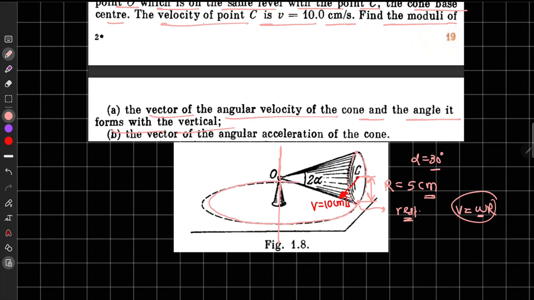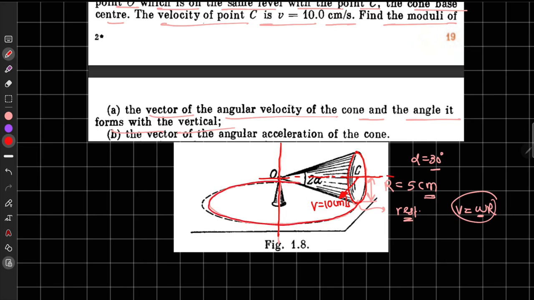So that's why we will have two components of angular velocity. The axis through which it is rotating first is this one, as this point is rotating in this periphery, and the second axis will be this one, as the entire cone is rotating in this circle.